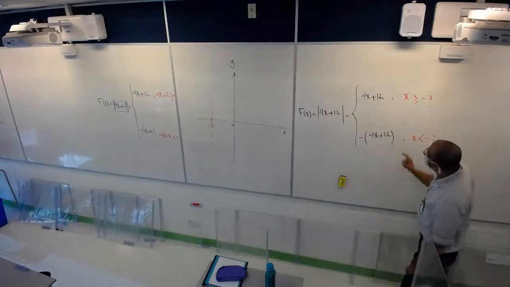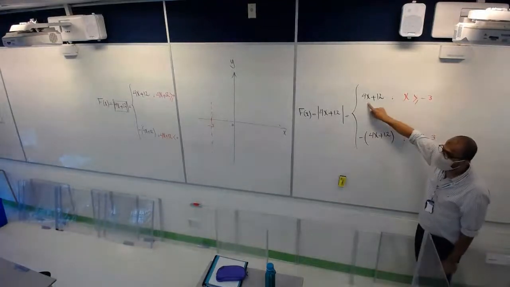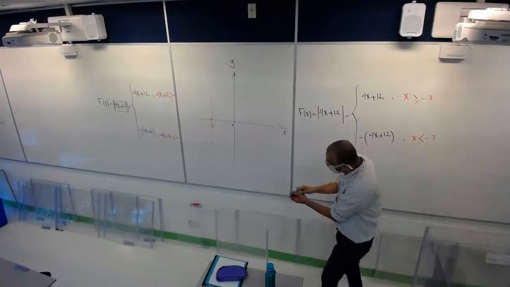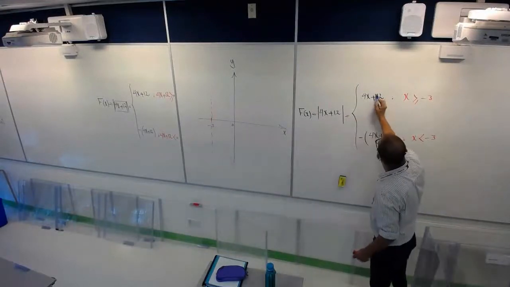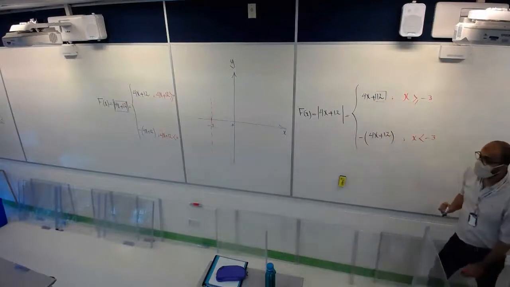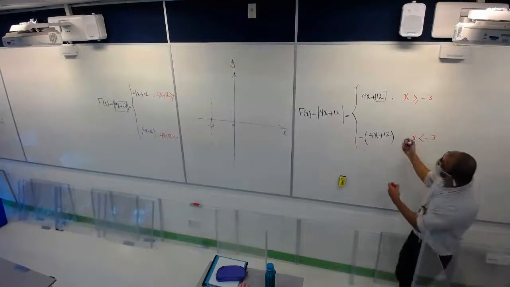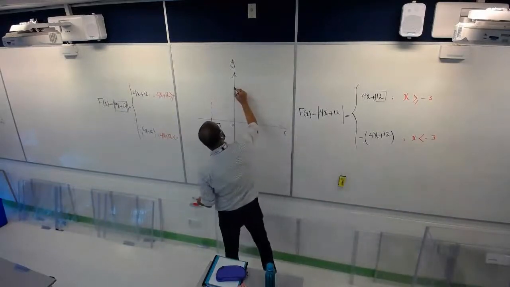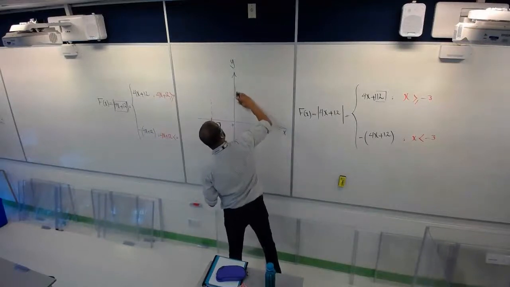It says that if x is greater than minus 3, the function is 4x plus 12. What is 4x plus 12? We know that 12 is the y-intercept, where we cut the y-axis. Then if I want to plot it, okay, 12 is, for example, here. Let me bring it a little down.